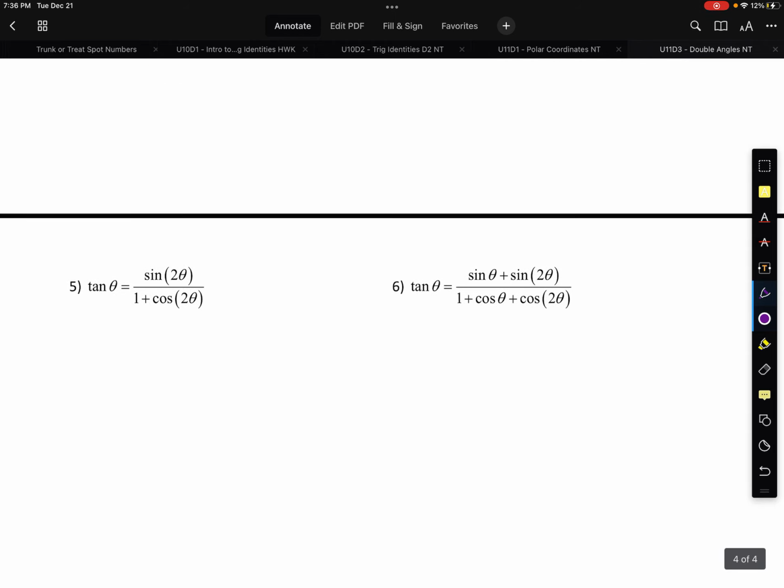All right, what do we got here? All right, so if we look at this problem, extremely similar to what we were just doing. All right, we got 2 sine x cos x over 1 plus. Now, tan is sine over cos.